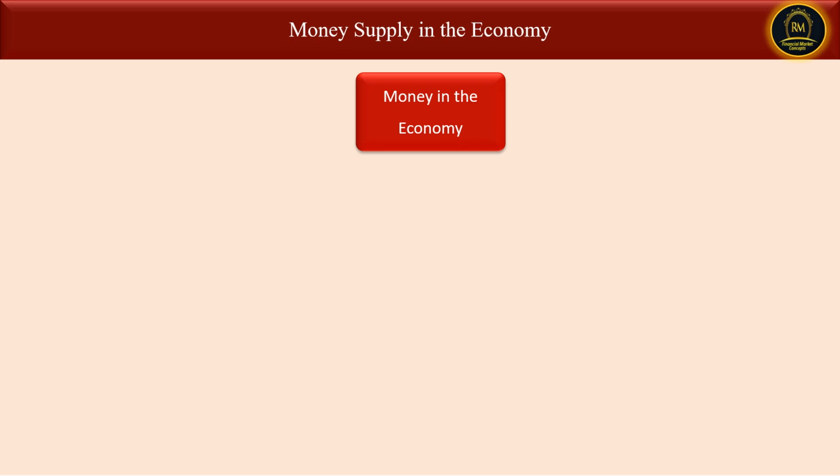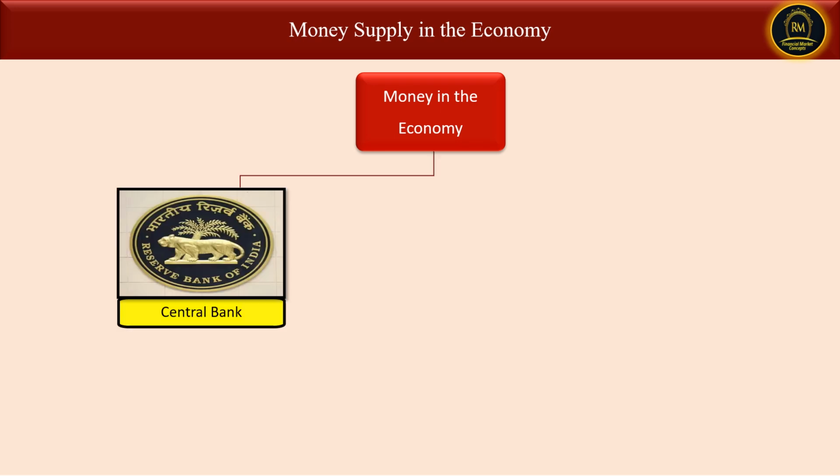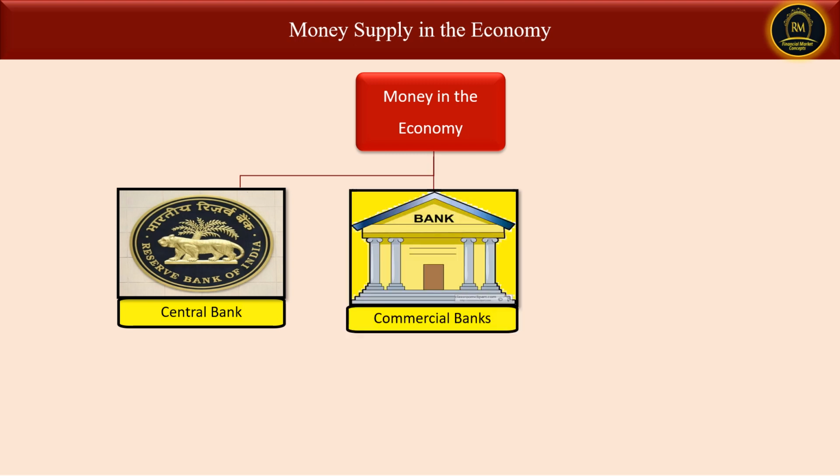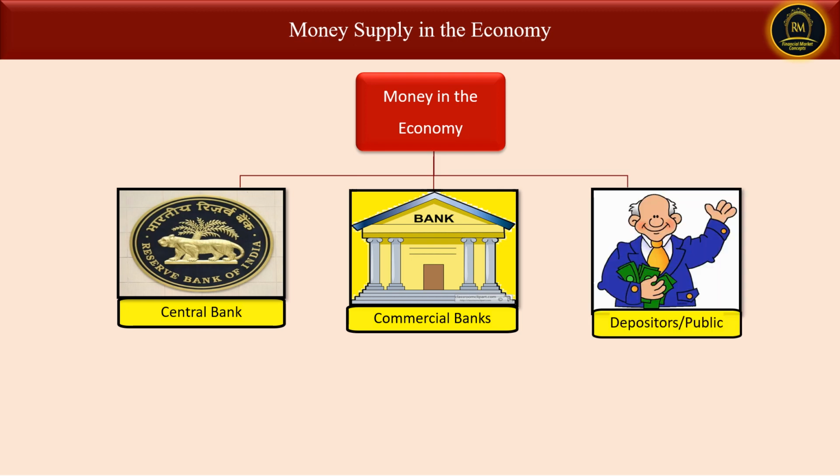The money supply in the economy is decided by three important determinants. Number one is central bank determinant of money supply. Number two is commercial bank determinant of money supply. And number three is public determinant of money supply. Talking about the central bank determinant of money supply, which is Reserve Bank of India, there are two important determinants.